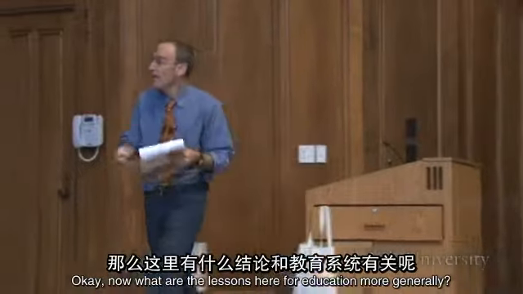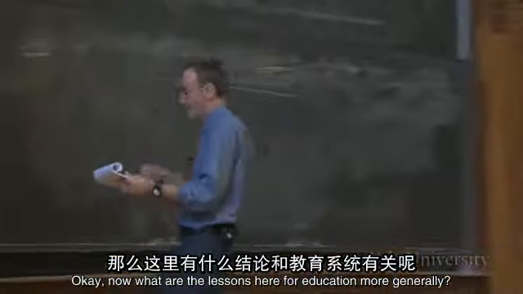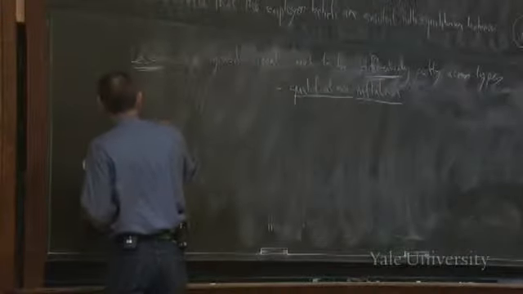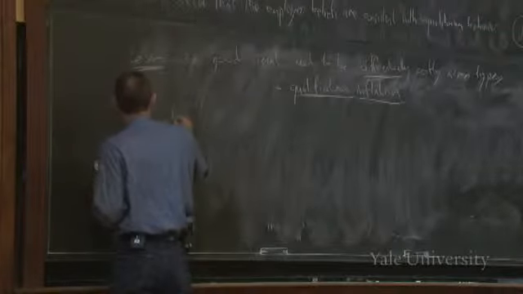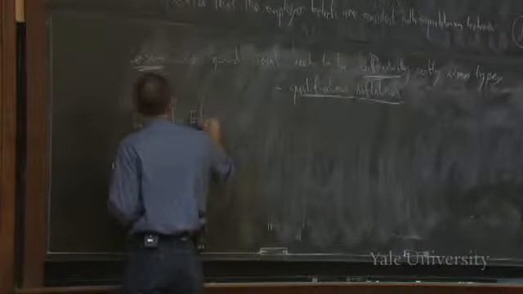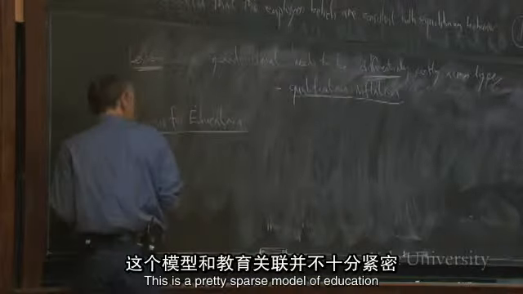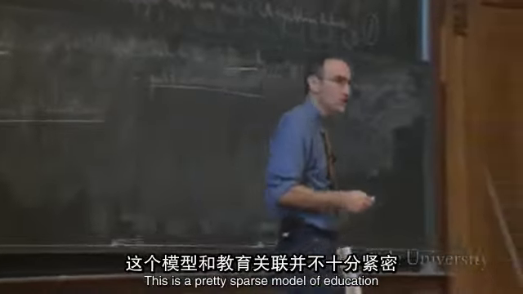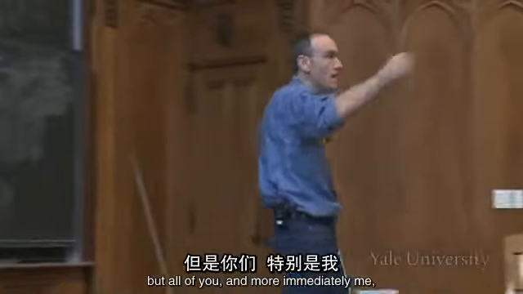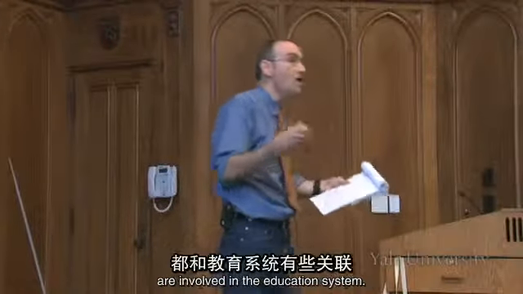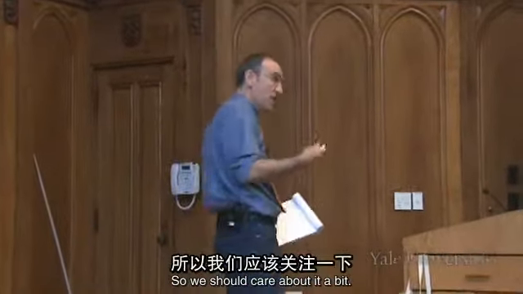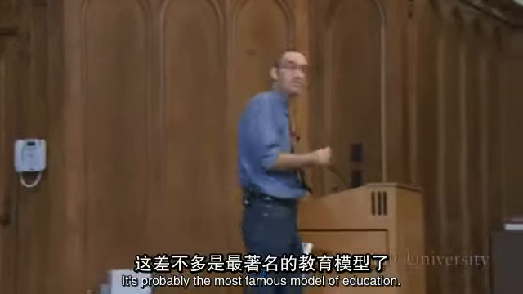Now, what are the lessons here for education more generally? This is a pretty sparse model of education, but all of you, and more immediately me, are involved in the education system, so we should care about it a bit. It's probably the most famous model of education.